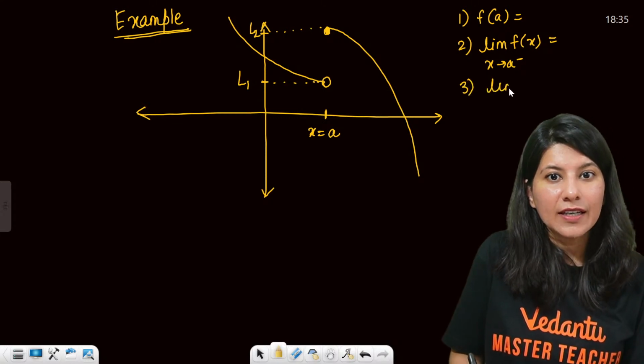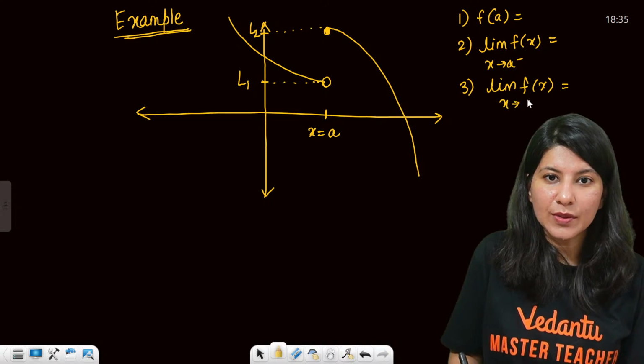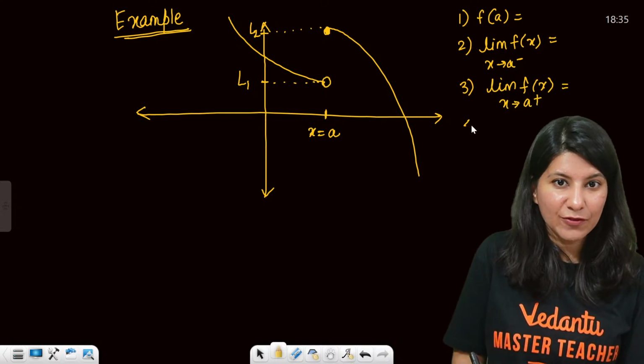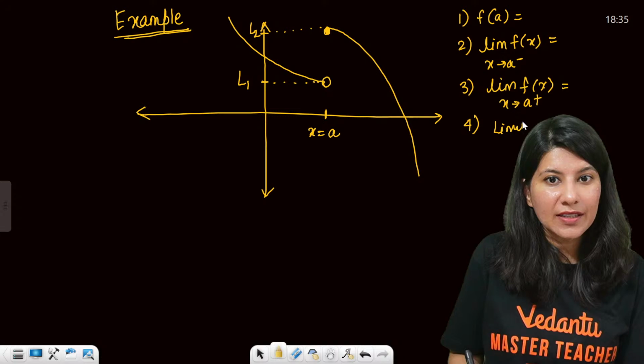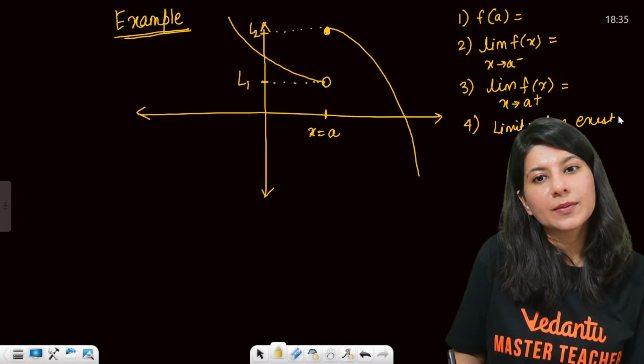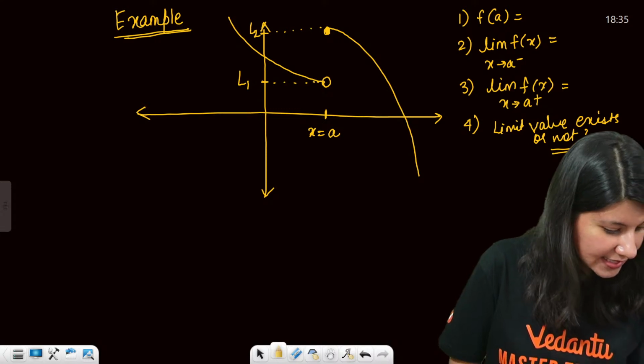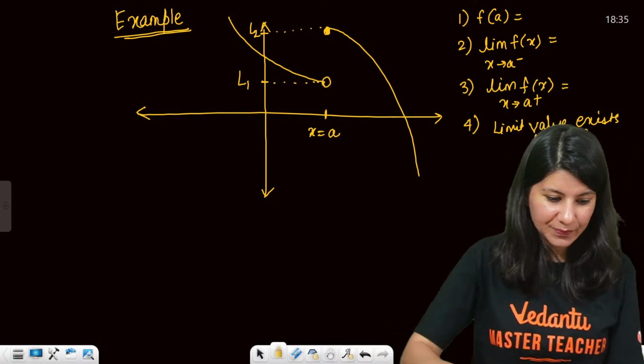Third thing, the limit of the function as x tends to a plus. And fourth thing, finally, does the limit value exist or not? Clear? Yes, my dear students.